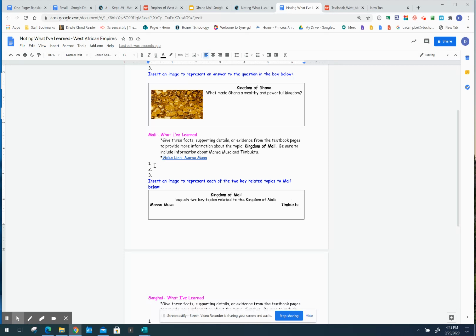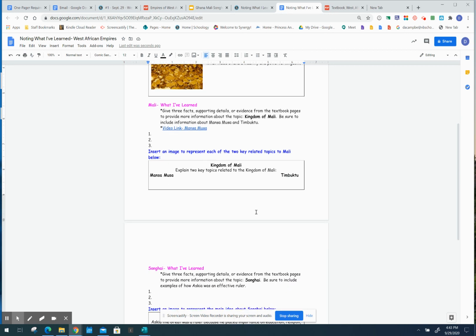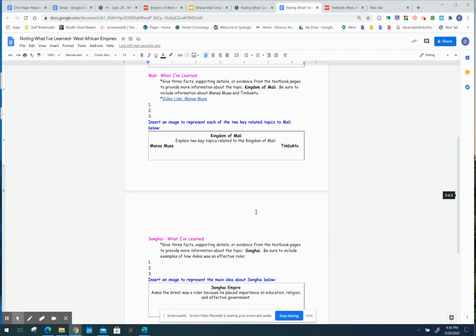So maybe devote 2 of your supporting details to talking about Mansa Musa, how he becomes so important, and what he does in his decision making to make Mali so powerful. And then the third detail can relate to telling me where Timbuktu is. Why is it an important city in Mali? What is in that city that makes it so important?